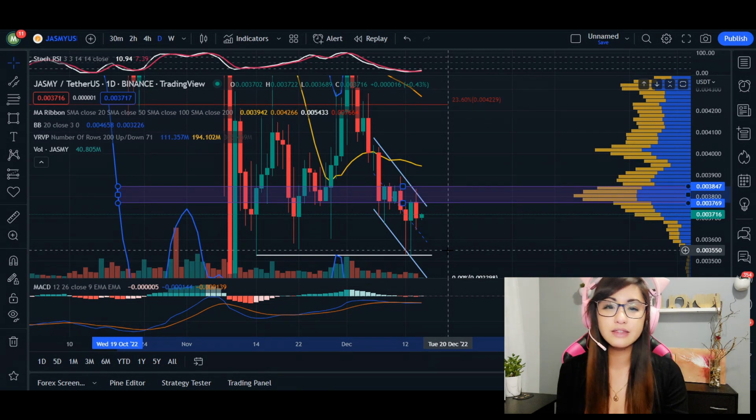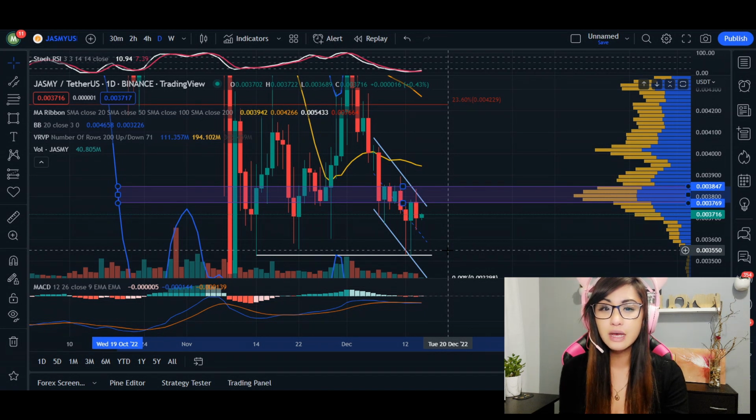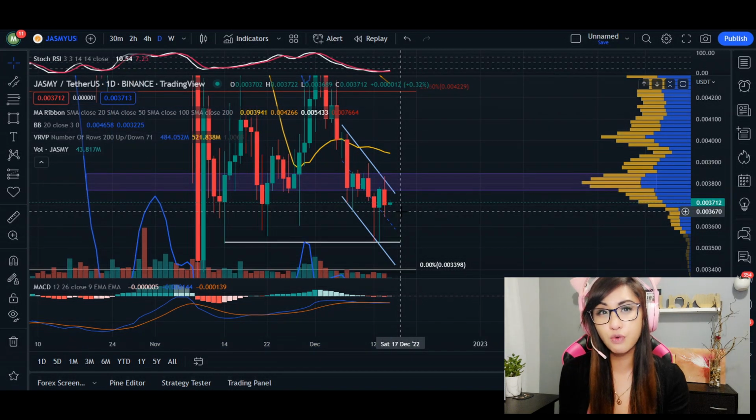And again, at the very top of this outskirts is going to be that resistance line. Notice already it is outside of our parallel trend line at the very top. So it is going to retest the area of resistance of our trend line in this parallel channel, but it is ultimately going to see if we are going to break out in an uptrend for Jasmy.